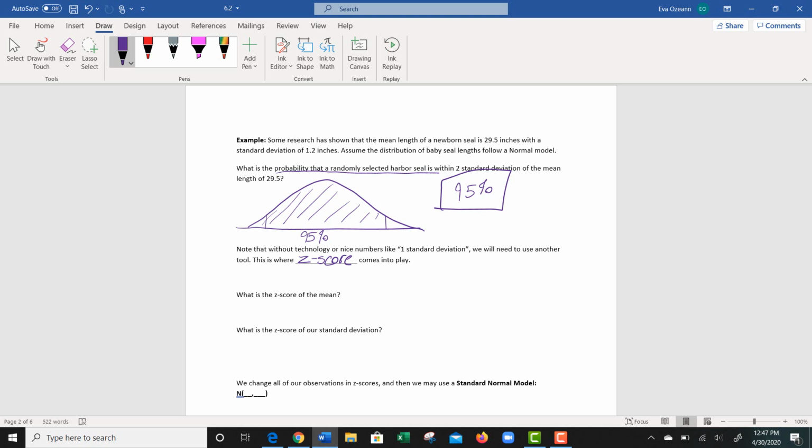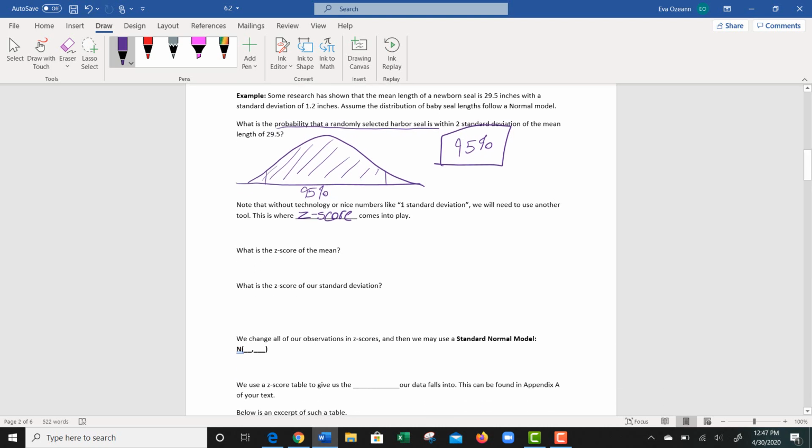Here's why: the z-score doesn't tell us inches or units like that. It uses the universal statistical language of how many standard deviations from the mean our observation is.